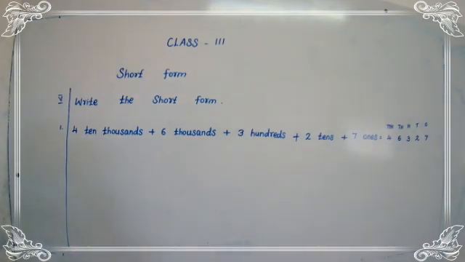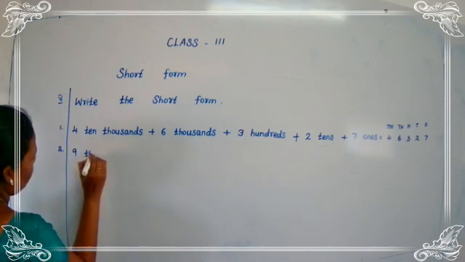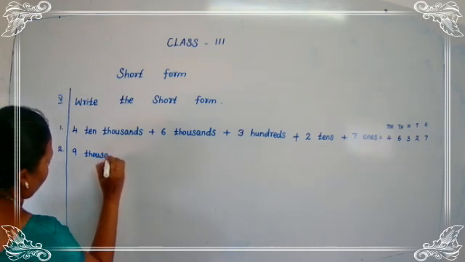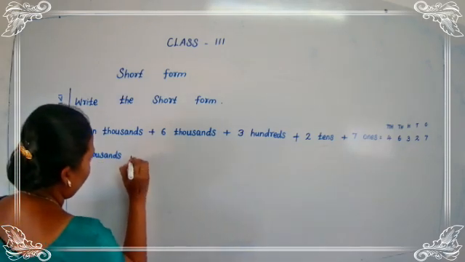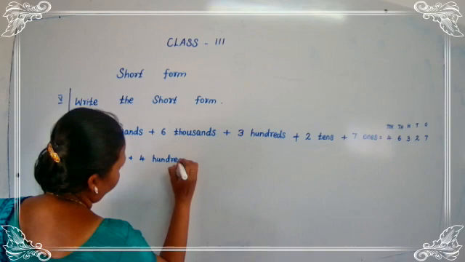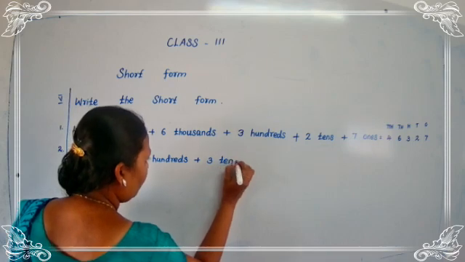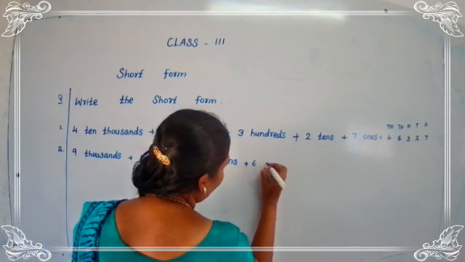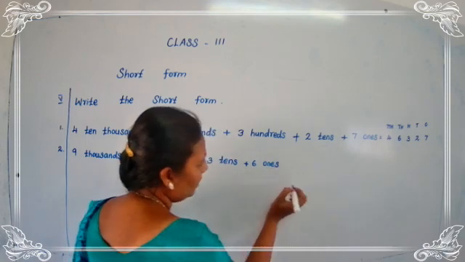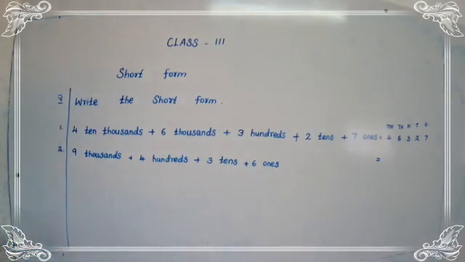Then see the second one. 9,000 plus 400 plus 3 tens plus 6 ones.